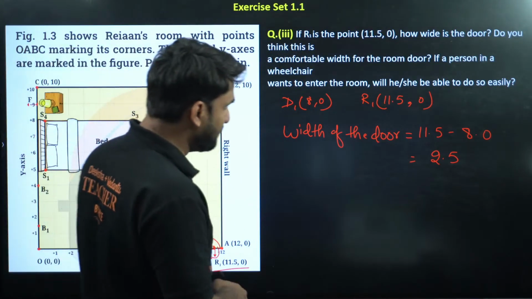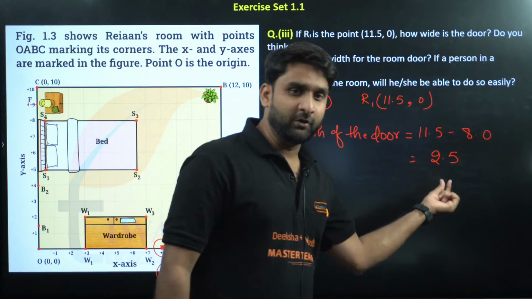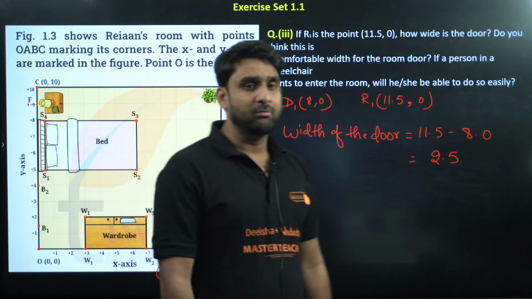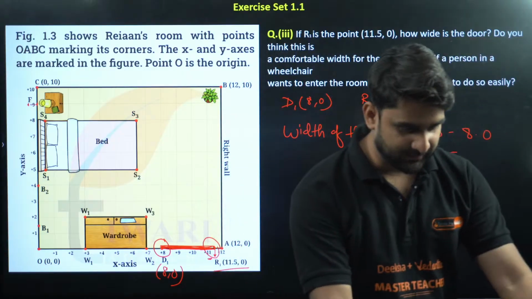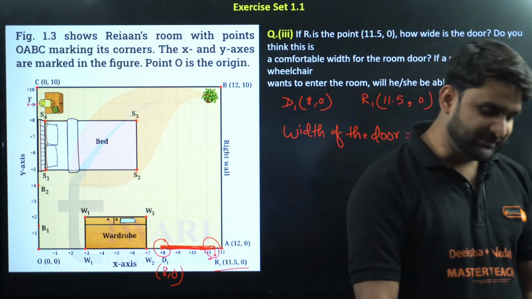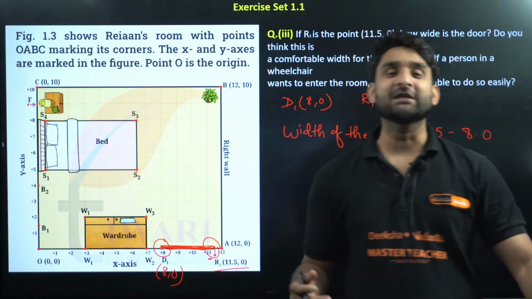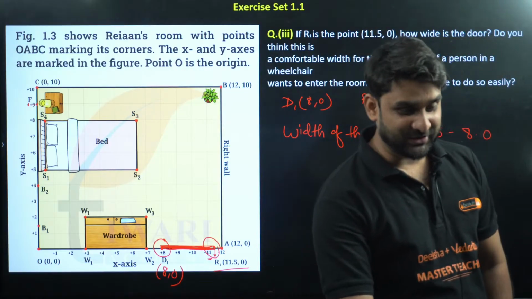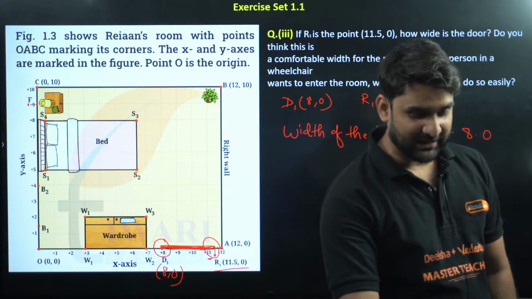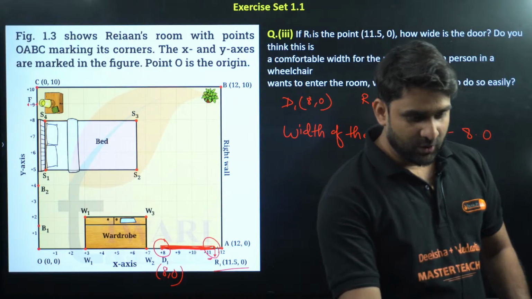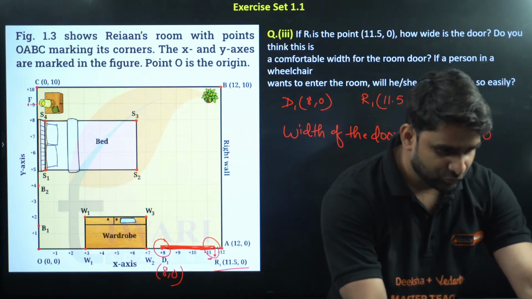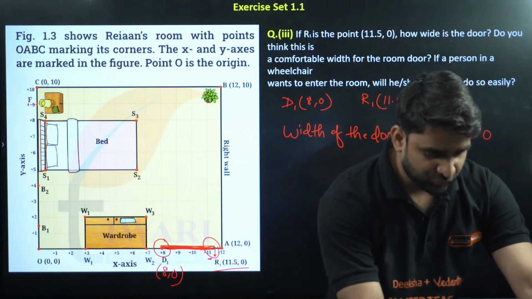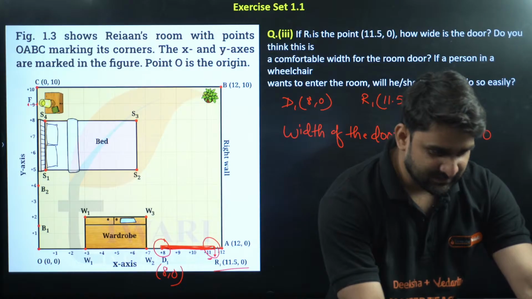That will become 12 times 2, which is 24, plus 6. Yes, tell me, how many inches will there be? And what is the width of a standard wheelchair? This is also a question here. Tell me.